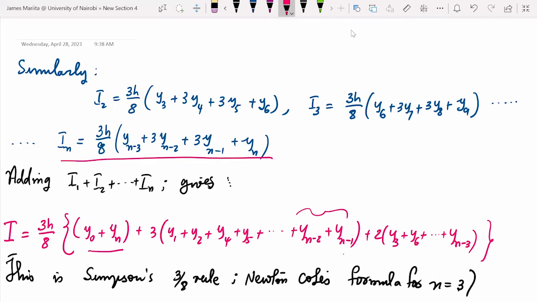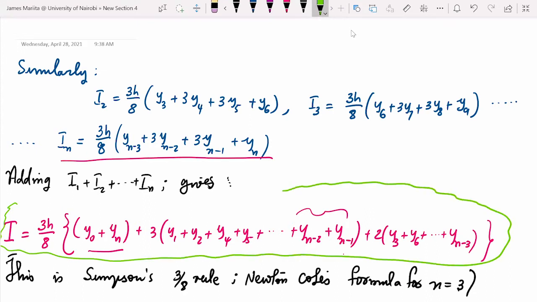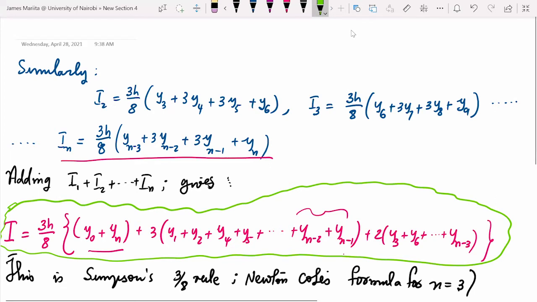Then we have twice y3, y6, and so on. And what we have here is what is referred to as Simpson's 3 over 8 rule, or what is called the Newton-Cotes formula for n is equals to 3. So we have n is equals to 1, n is equals to 2, and n is equals to 3. And that is what we have for that case.